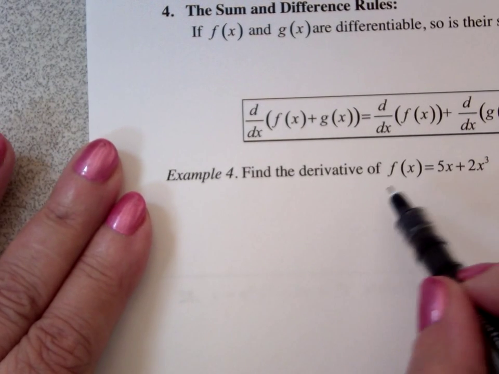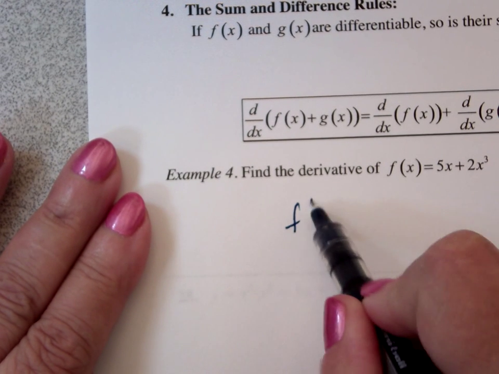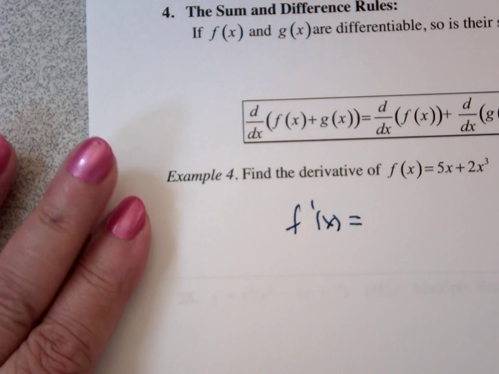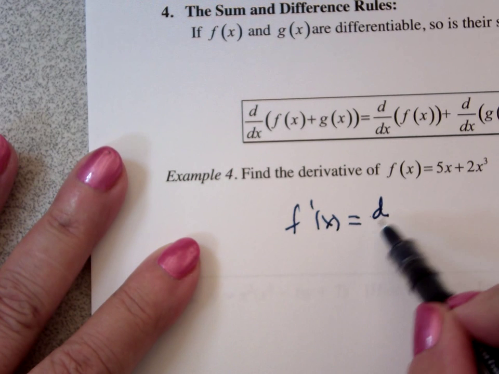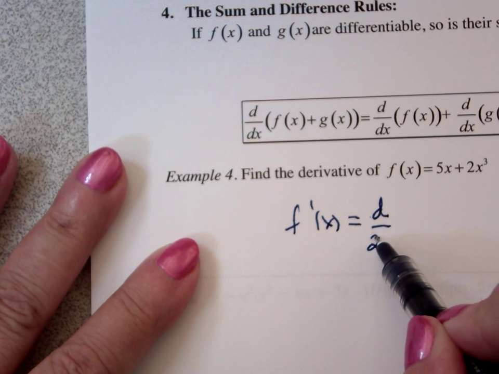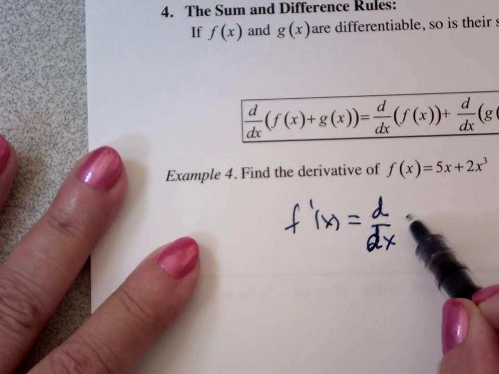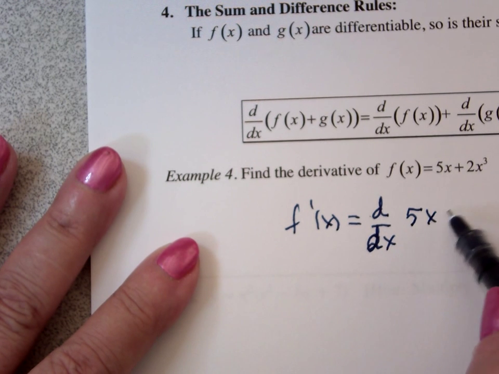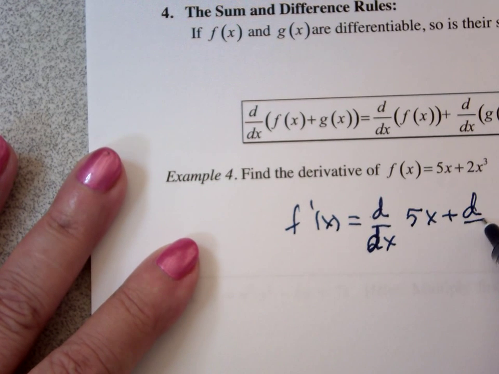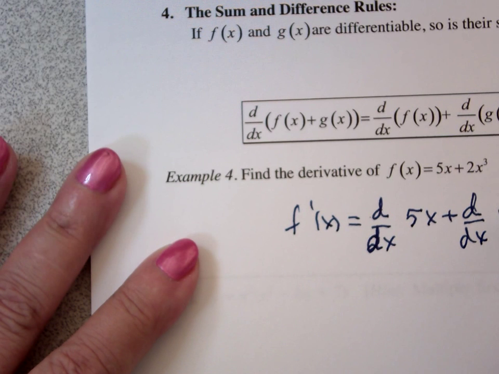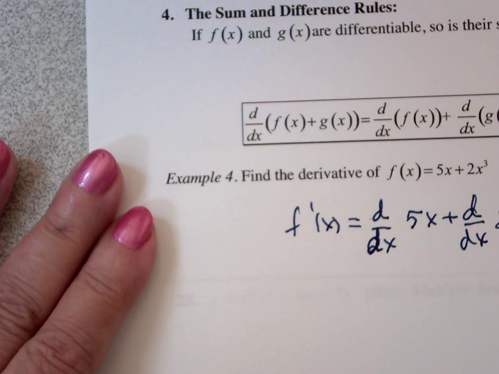Theoretically, I'd look at this and say, well, what is f prime of x? Well, f prime of x is the derivative with respect to x of 5x plus the derivative with respect to x of 2x cubed.